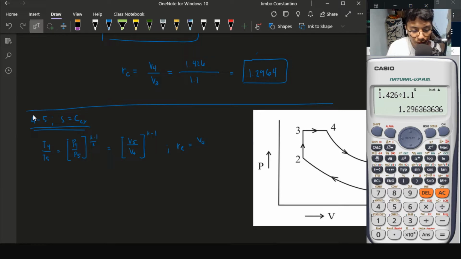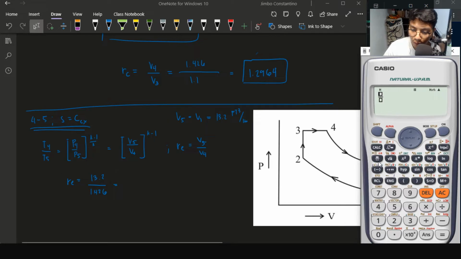Your V5 is equal to V1, which is 13.2 cubic foot per pound. So RE, let's find that first. 13.2 divided by 1.426. That is 9.2567.